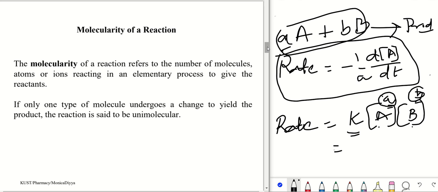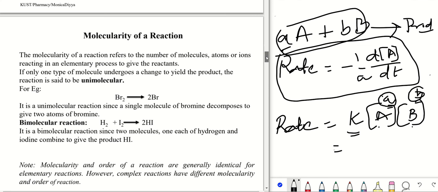We'll check the molecularity of a reaction. As you all know, the name itself indicates the number of molecules participating in the reaction. If only one molecule participates in the reaction, it is known as a unimolecular reaction.